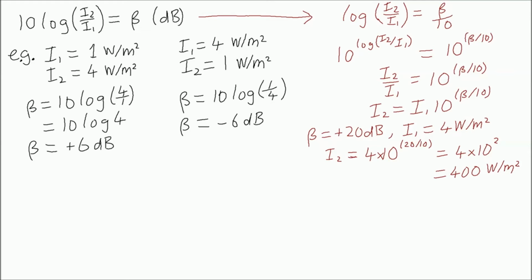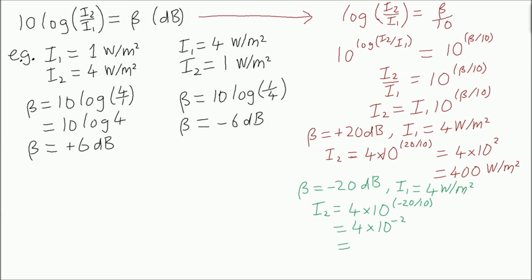Okay, what about for negative decibels? If we have a negative 20 decibel change in intensity, and intensity level 1 is 4 watts per square meter, intensity level 2 will be 4 times 10 to the power of minus 20 over 10, which is 4 times 10 to the power of minus 2, which is 0.04.